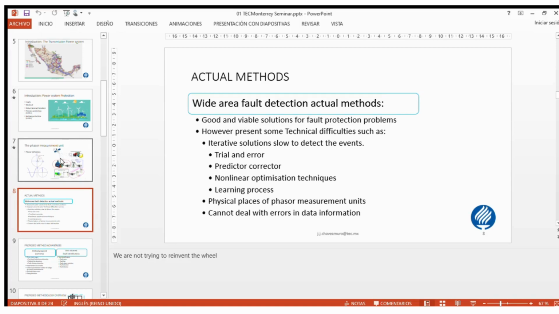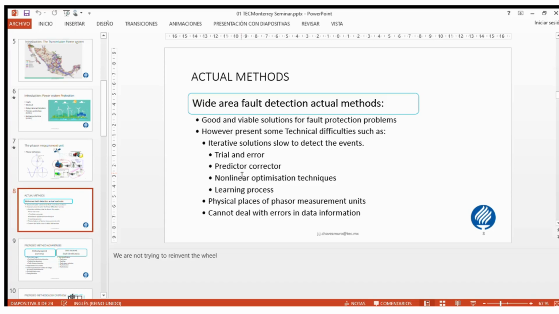There are other methodologies that have been proposed in the literature, but most of them present technical difficulties. Okay, they work very nice, but the time is not possible. The time to protect a system does not allow using them. Among others, we have the iterative solutions like trial and error, predictor corrector, nonlinear optimization techniques, and learning processes.